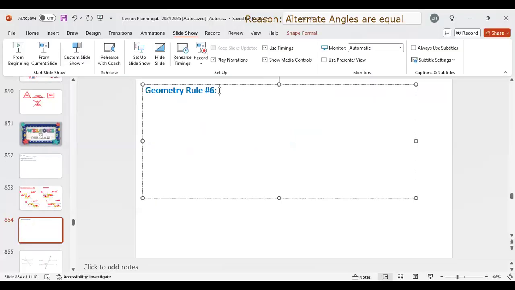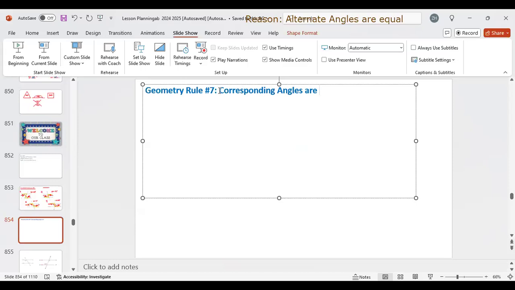The 7th rule states that corresponding angles are, y'all ever learned about corresponding? It's rule 7, right? Geometry rule 7. Corresponding angles are not parallel, they're not perpendicular, they're not equal to 180 or 360.